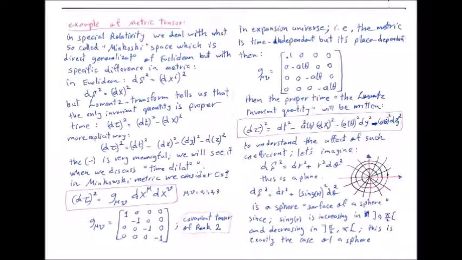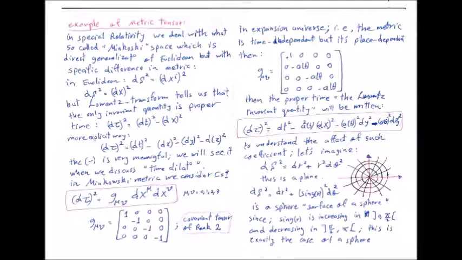So this is a plane. Why? Because if I make the line of constant θ, it is perpendicular to the line of constant r.